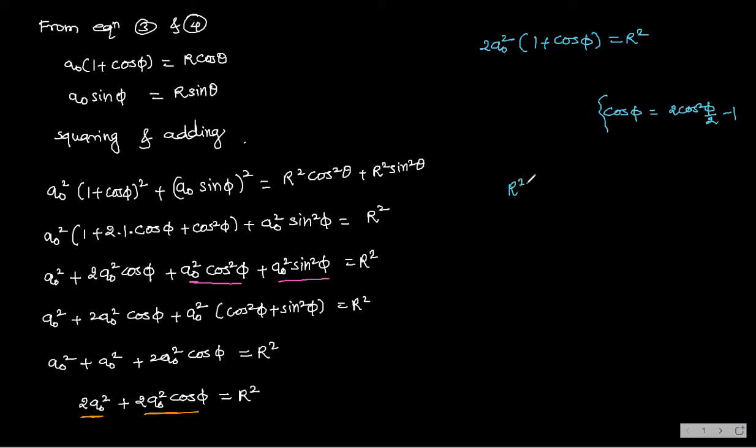Therefore, this r square is equal to 2a naught square into 1 plus cos phi, and cos phi is 2 cos square phi by 2 minus 1. Now this minus 1 and this plus 1 will get cancelled. And what we are getting? R square is equal to 4 a naught square cos square phi by 2.